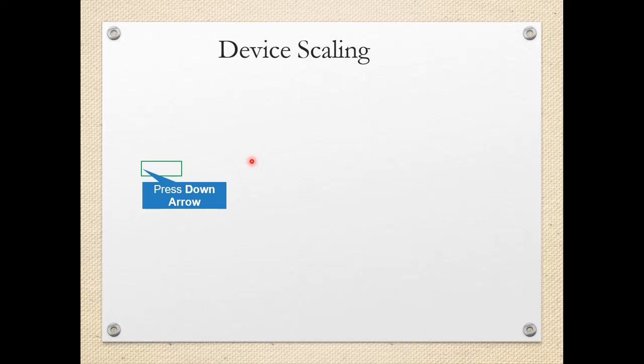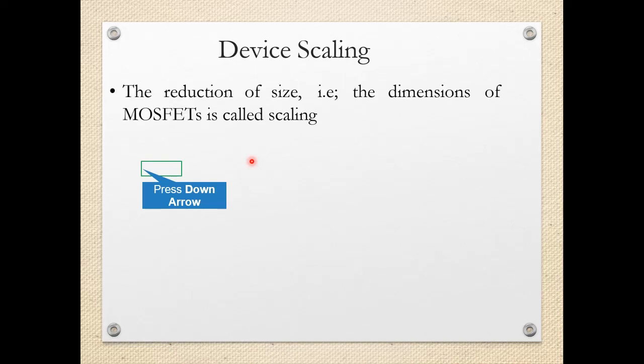So we have seen the diagram for the MOSFET, and in that diagram we have seen the width of the channel, capital W, and then we have also seen one more dimension, that is the capital L, which is the length of the channel. So this W and L are the important parameters for any MOSFET, and this decides the device scale. So reduction of size, that is the dimensions of MOSFET, is called as scaling.